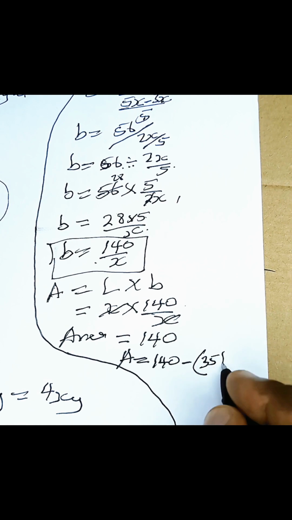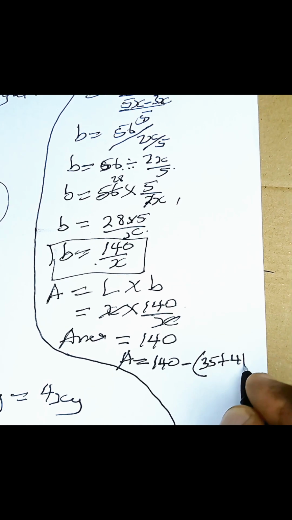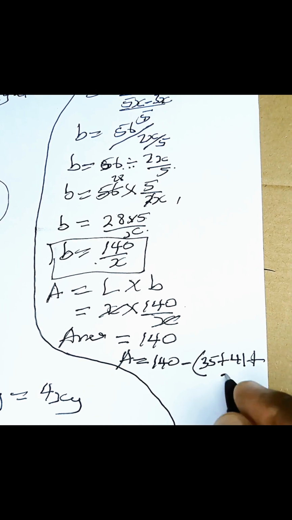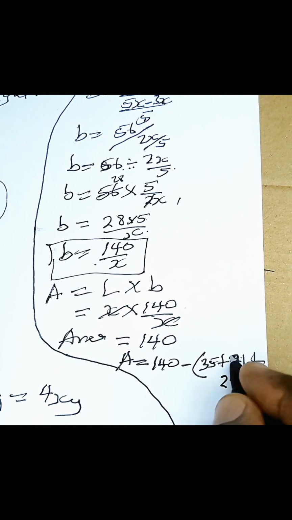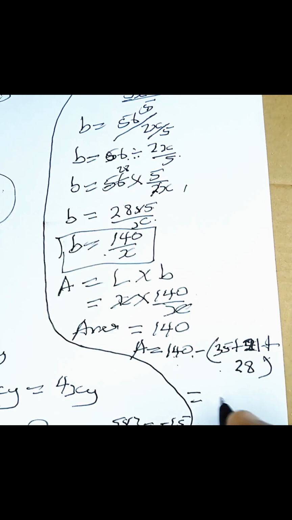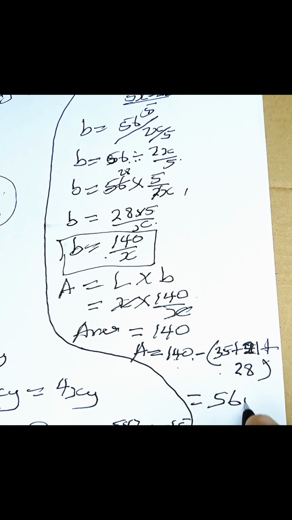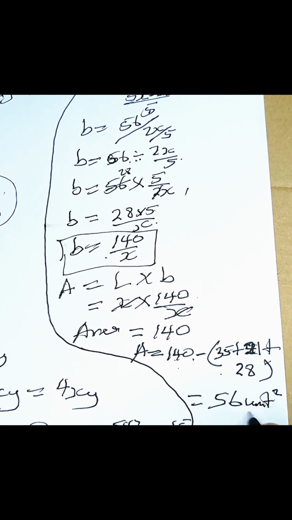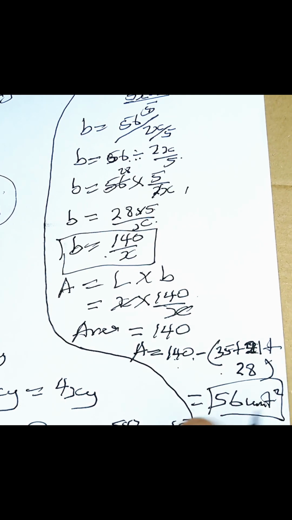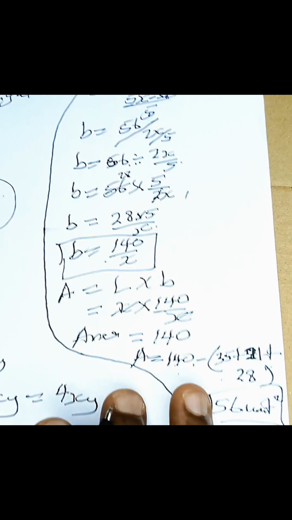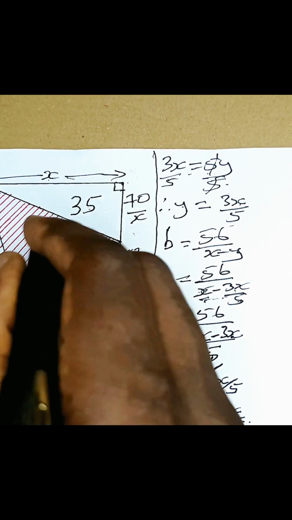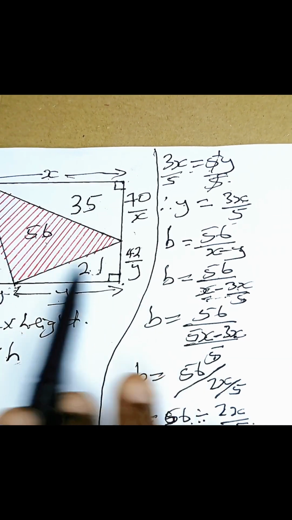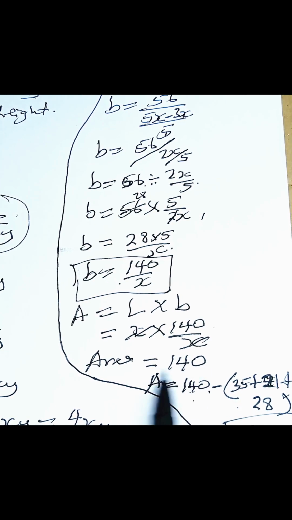Our final answer is 56 square units. So it means that the area of the shaded portion is 56. So this place will now give us 56. If you add everything together, it will give us this 140.